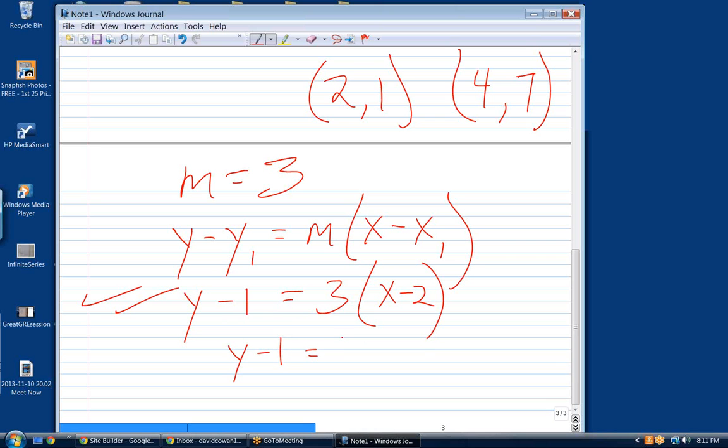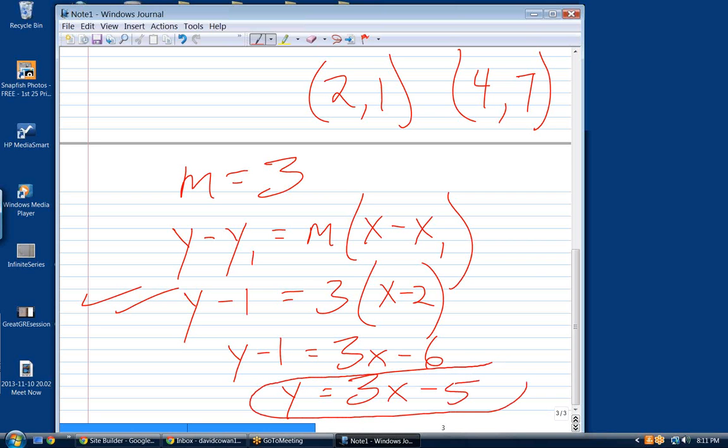What do you get? 3x minus 6. Now move the 1 over. Oh, you mean add 1 on both sides? Uh-huh. 3x minus 5. So that's mx plus b format.